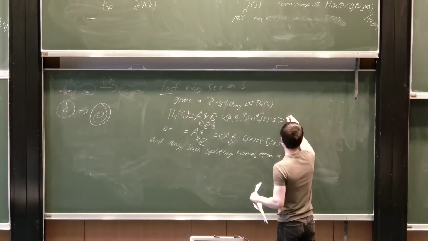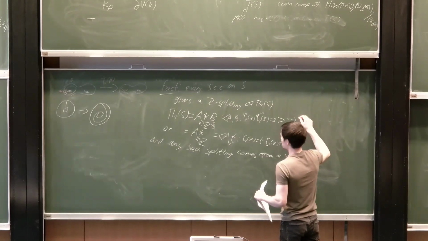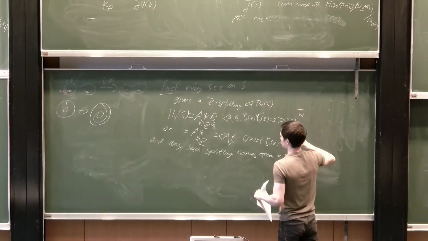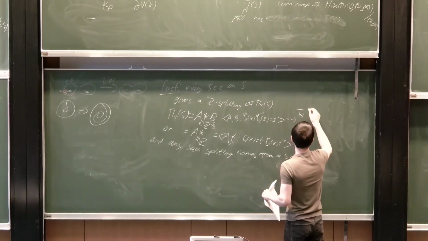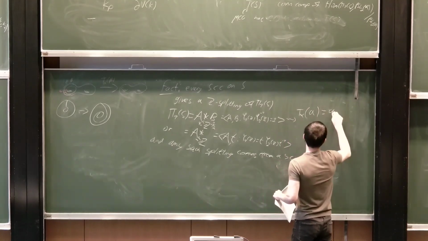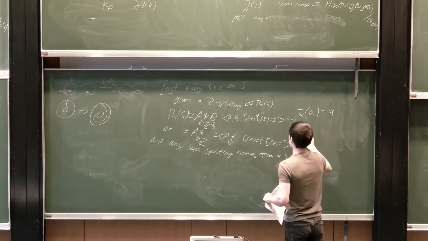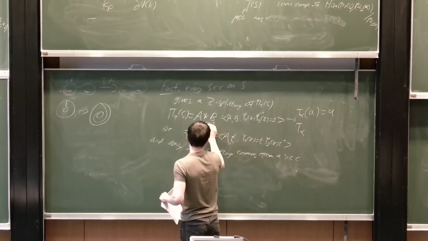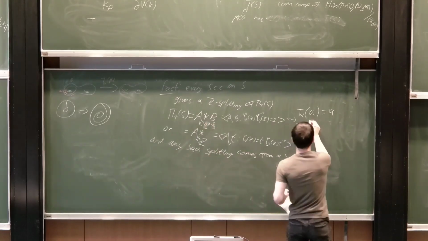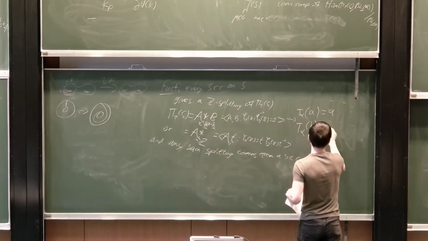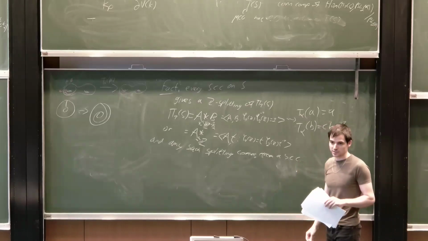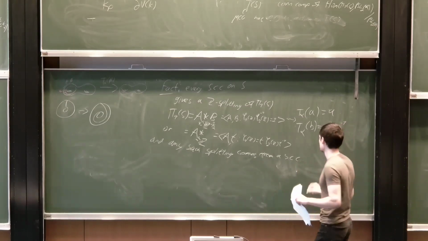In this case, the automorphism T of alpha will send every A to A, and T of alpha of B will be equal to C B C inverse, with conjugation on one factor and the other factor staying in place.